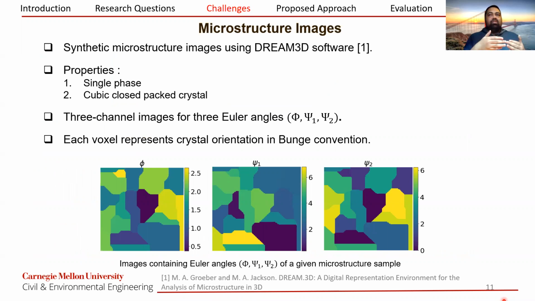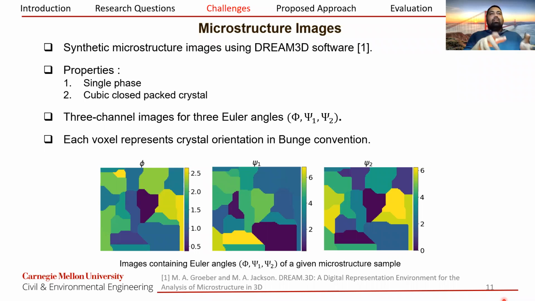We have this microstructure image, which is a synthetic image generated using the Dream 3D software. These microstructures are single phase and cubic crystals. It is a 3D crystal in a 2D domain, and that's why it has 3-channel images, where each channel represents an Euler angle in a particular direction.